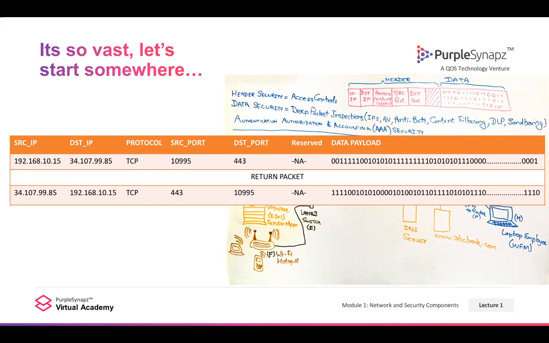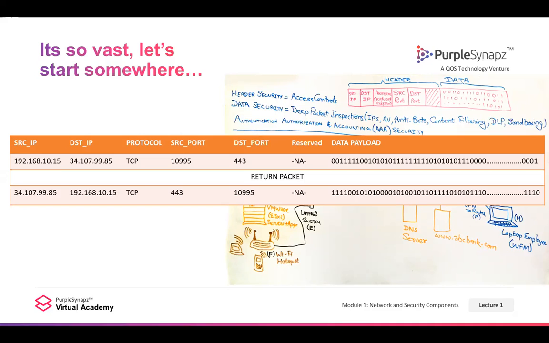But for the sake of this understanding, just imagine that 192.168.10.15 is like a source house, and 34.107.99.85 is a destination house. When I get out of the house, I need some door or window or some kind of outlet to go out.